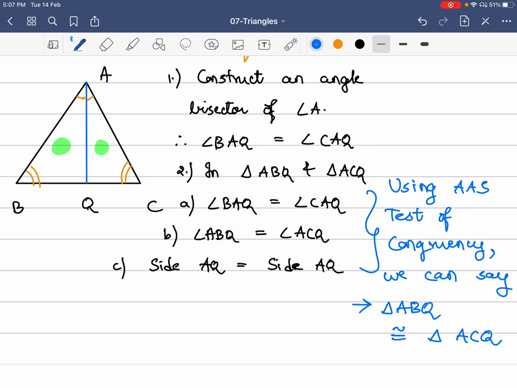And once we prove that this triangle is congruent to this triangle, then all the three sides of the triangle and all the three angles of the triangle are congruent to each other.